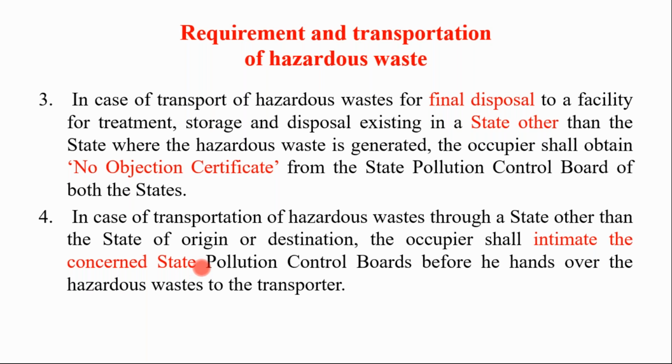So in this example, the Maharashtra State Pollution Control Board has to inform the Gujarat Pollution Control Board that we are transporting this much hazardous waste of these characteristics from this company, from this location to that location, from this date and time, so that they can prepare to collect this hazardous waste and plan to treat or dispose of it accordingly.